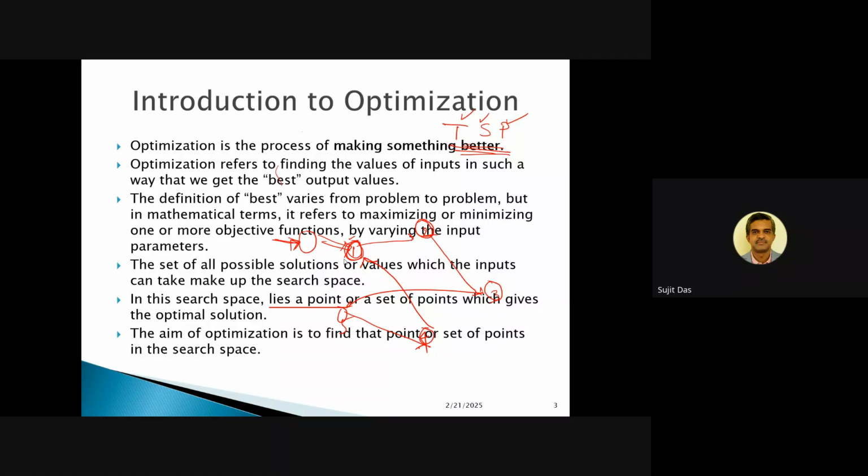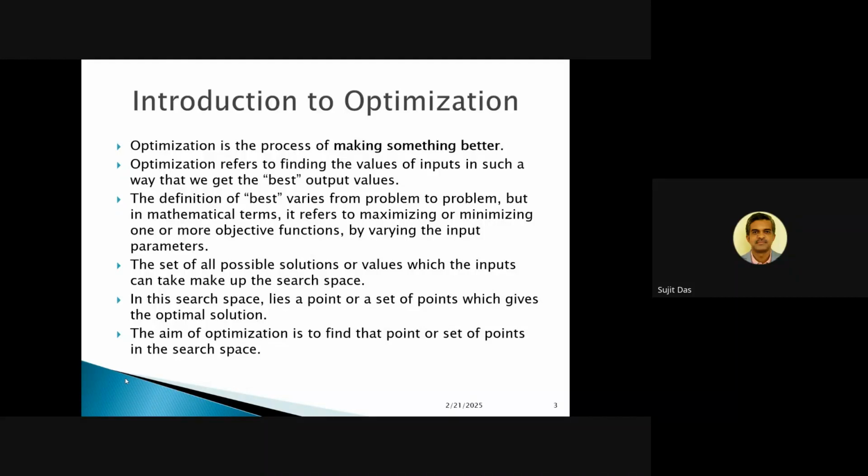Now, what we see in real life, whatever problems we get, all the problems are multi-objective in nature. Very few problems we will find which are single objective optimization problems. But again, we should have the idea of these single objective optimization problems, so then only we will get to know how the multi-objective optimization will work.